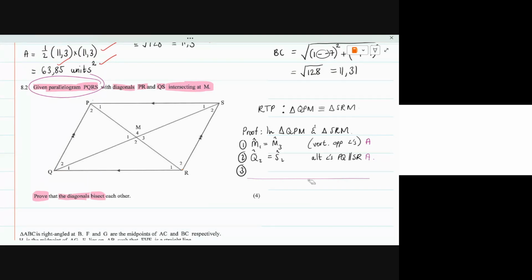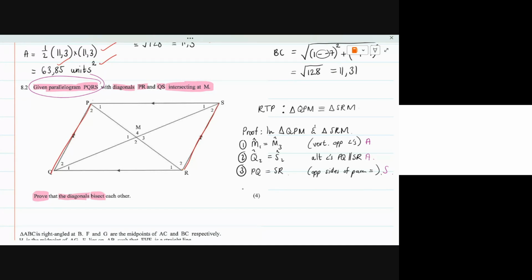Because we know that it's a parallelogram, we automatically know that PQ, the side PQ, must be equal to the side SR. Agreed? This side and this side must be equal to each other if it's a parallelogram. And our reason here is because the opposite sides of a parallelogram are equal. All right, beautiful. And now we've got a side. And there's our three reasons.